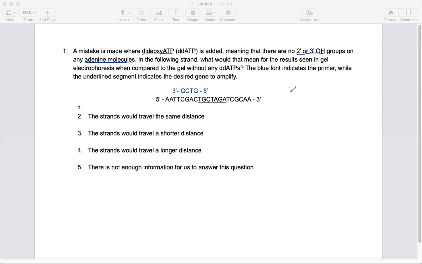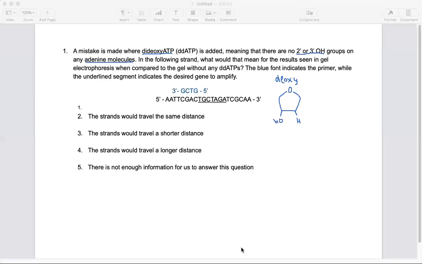Remember that in ribose, each of these carbons has its own OH. In deoxyribose, the deoxy refers to removing the 2' OH, so we would still have our 3' OH.